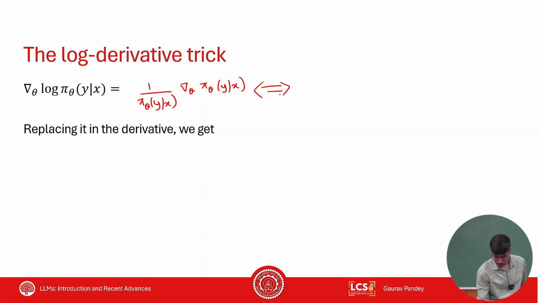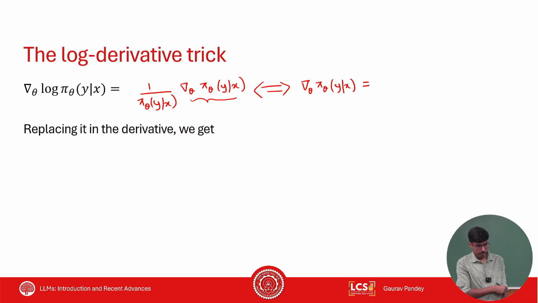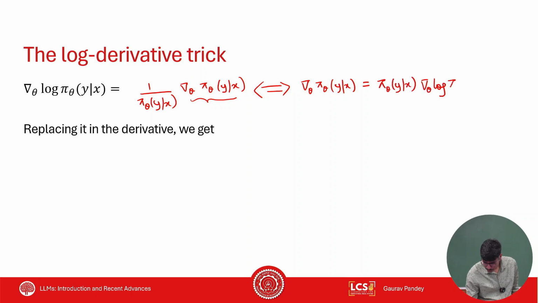If I now bring this to the left hand side, this quantity can be written as policy times gradient of log.